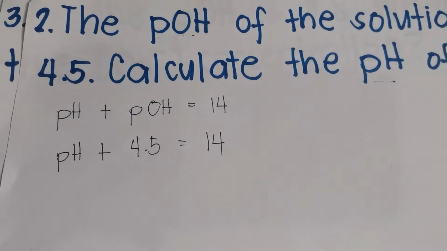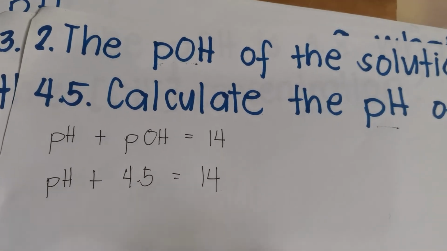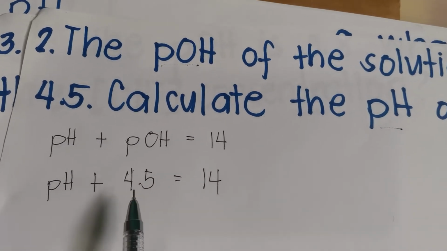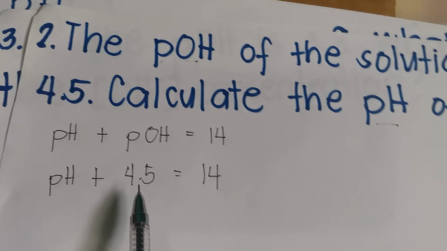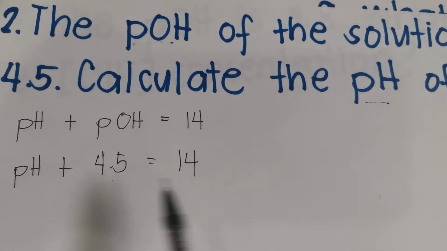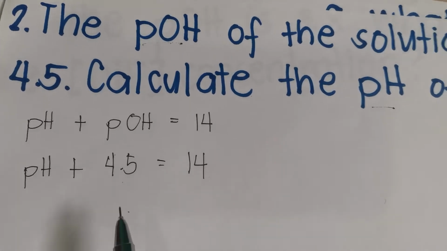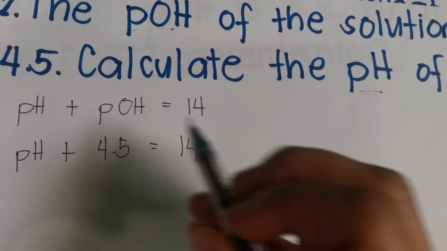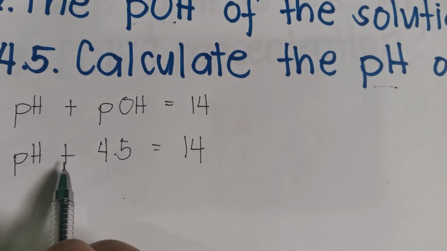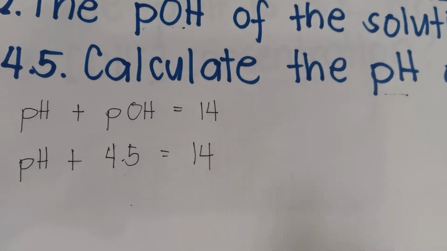Now the next thing is we need to transpose, or put this 4.5 to the other side, so that the pH will be left here. For us to transpose this one, the sign of the 4.5 will become negative.